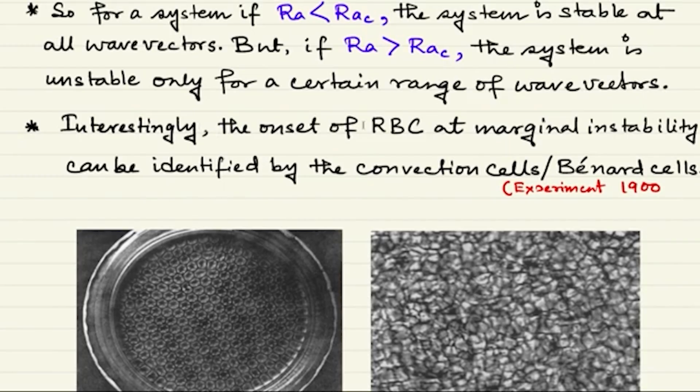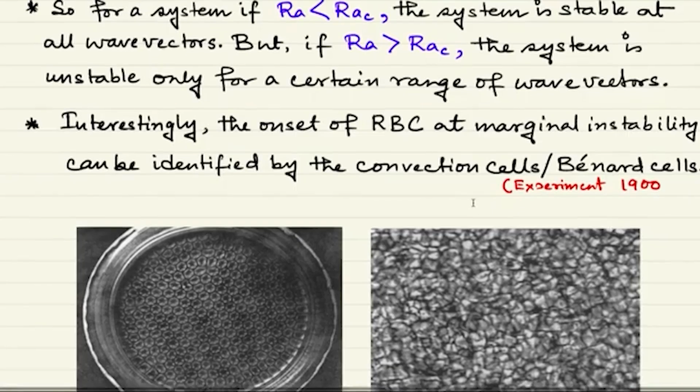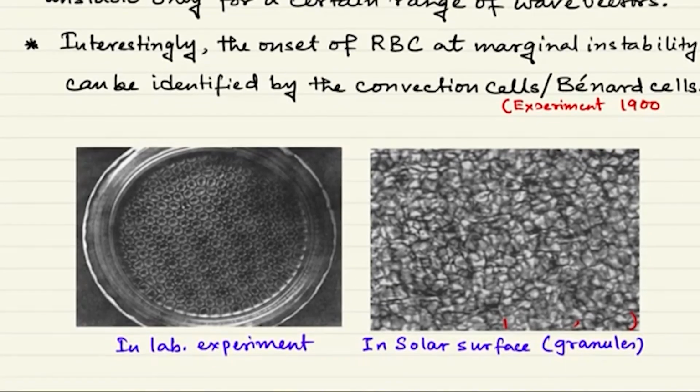Interestingly, the onset of RBC at marginal instability can be identified in practical cases by the appearance of convection cells, or so-called Benard cells. Benard, for the first time in his experiment in 1900, showed the formation of this type of structure. You can see this type of structure in lab experiments, even in a tea vessel.